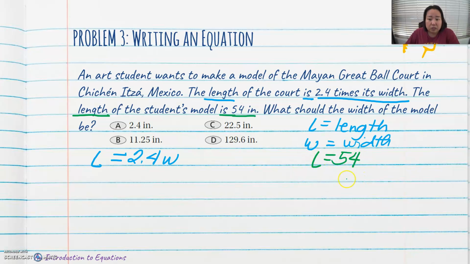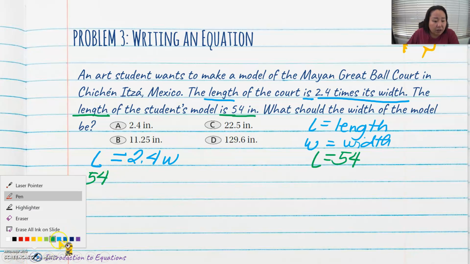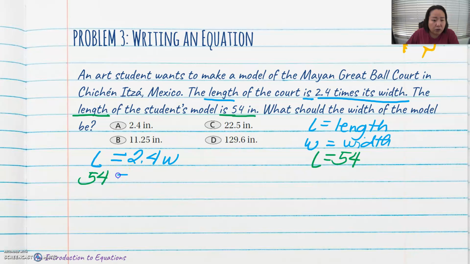What we can do is substitute the variable L by 54. This is now our evaluating algebraic expressions. So our L from our equation will now become 54, and we still have equals 2.4W. This is now the equation that we will be working on.